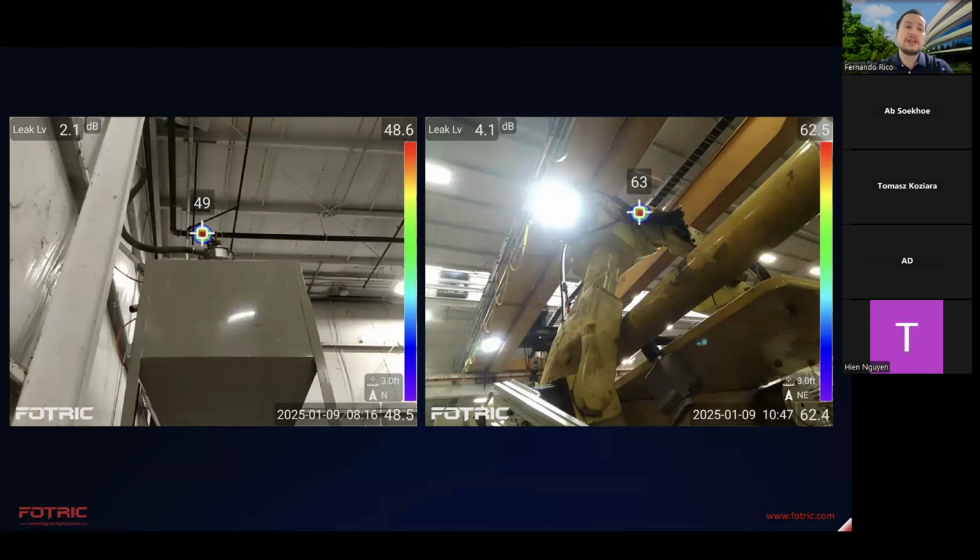That's what an acoustic camera by FOTRIC is designed to do. It is meant to provide agility. It is meant to eliminate the guessing by trying to listen for louder or quieter noise. It is designed to bring efficiency at identifying leaks and especially those that are harder to find.